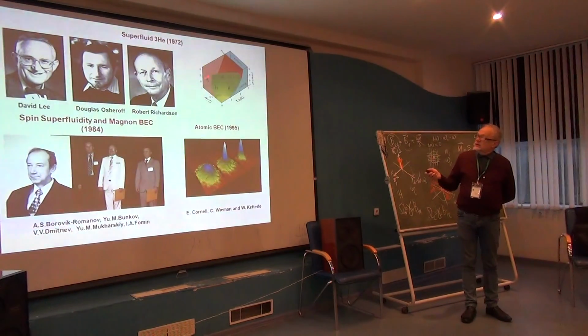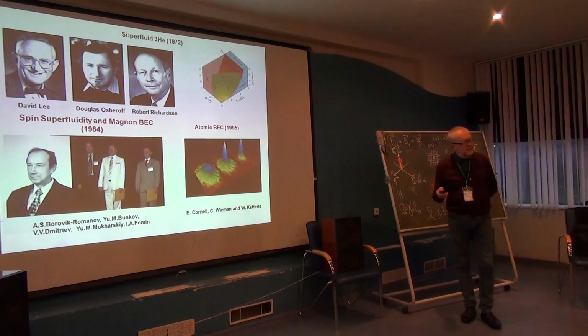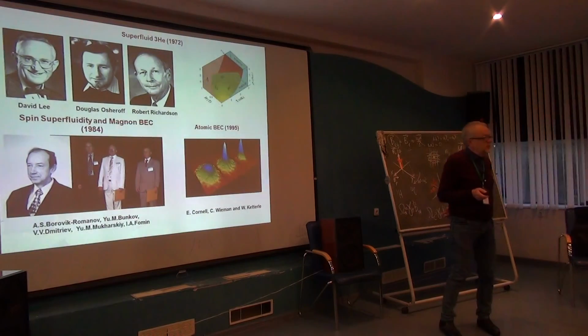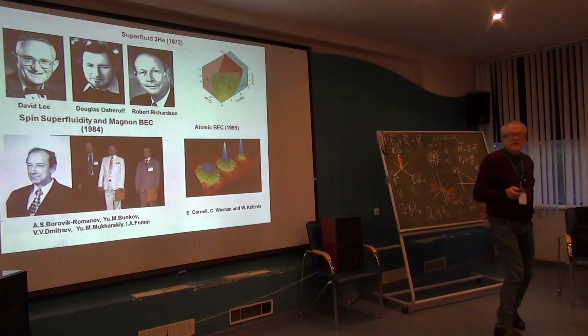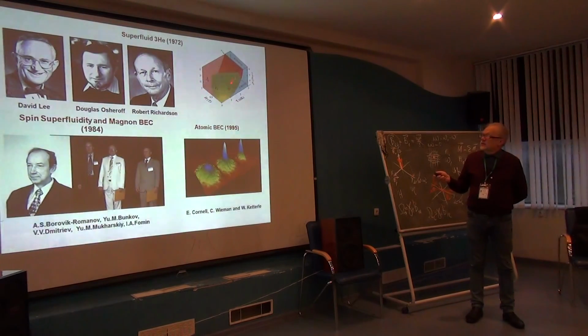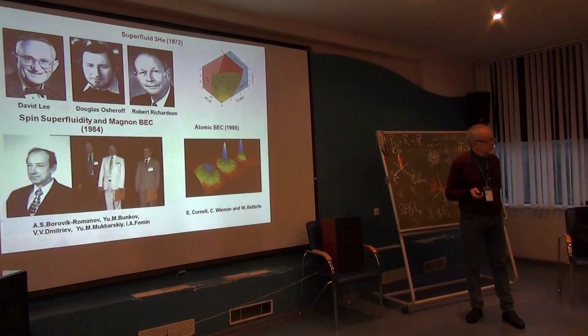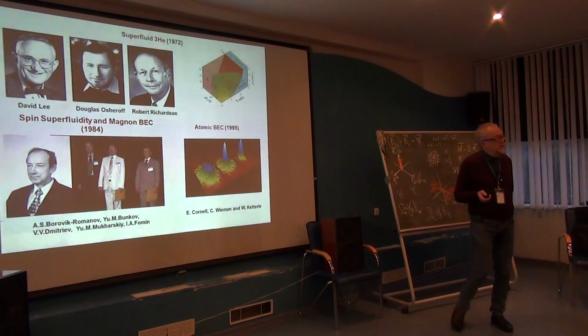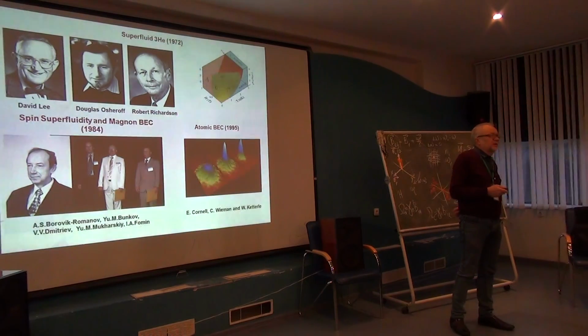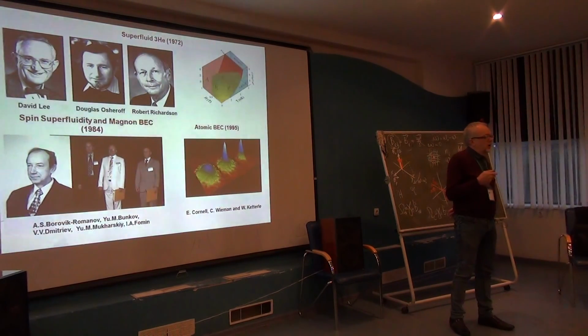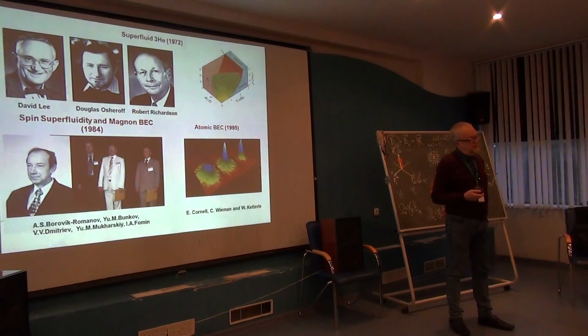Then these beautiful guys found the superfluid of helium-3. Helium-3 is the isotope of helium-4 with magnetic moments. And it has a very, very complex superfluid state, because superfluid helium-3 is not only superfluid, but also a magnetically antiferromagnetic liquid crystal.